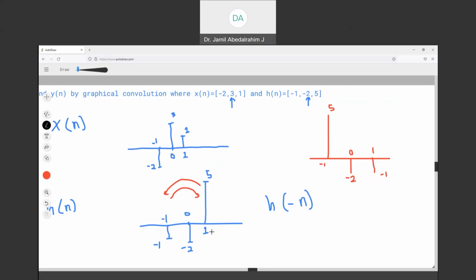So simply flip the signal to the other side like a mirror, but don't forget to keep the first pulse at the same place or at the same time, which is -1. Don't change it. We just reverse the other pulses to the other side like a mirror. Okay, so here the graph becomes like this.